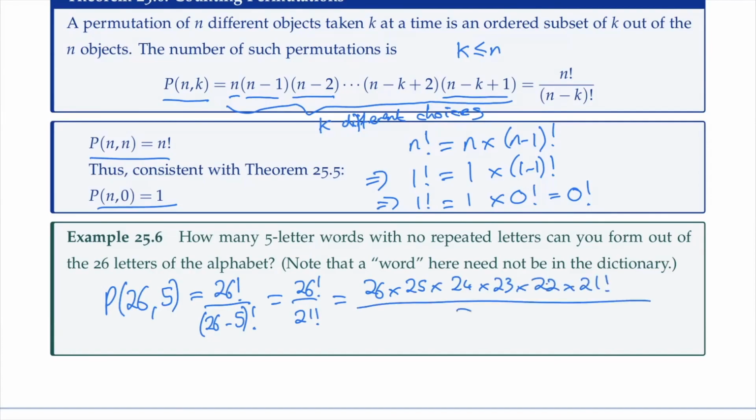The reason I've stopped there is because I have a 21 factorial on the bottom, and so these two things cancel here. So we're not going to work out what that is. That's quite a large number anyway, but at least we didn't have to work out n factorial and then work out n minus k factorial and then try and cancel these. We always have some sort of cancellation going on here.